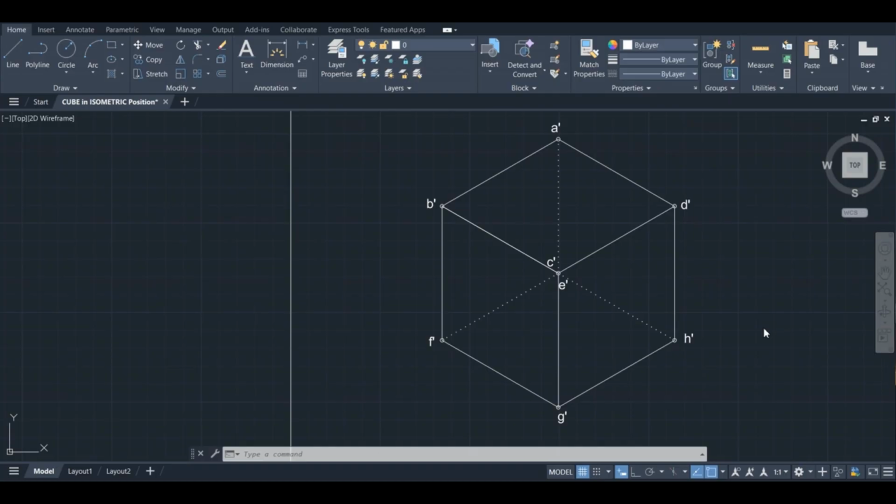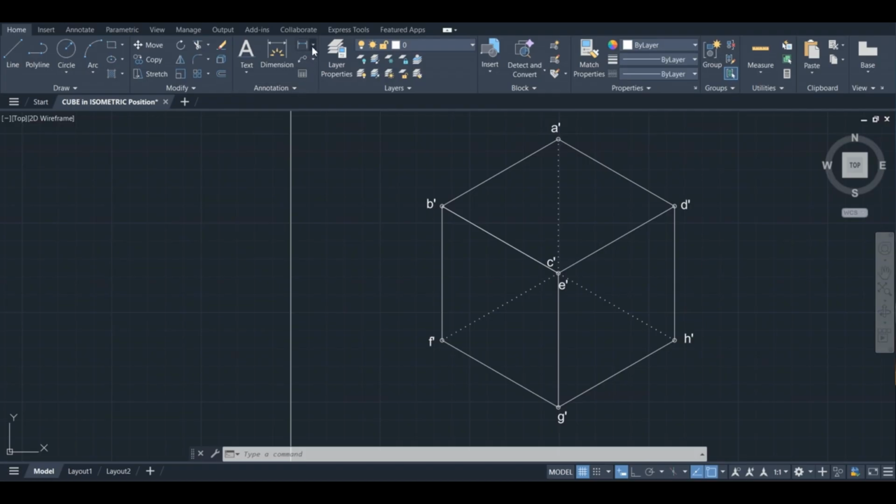Now that we understand the basic principle of isometric projection and the orientation of the cube, let us proceed step by step and draw the isometric projections accurately with the planes as well as the solids.